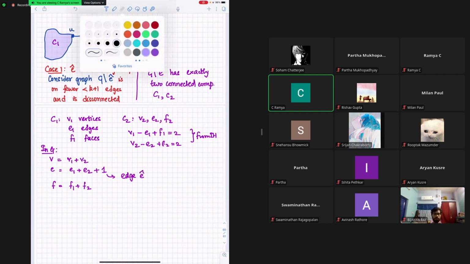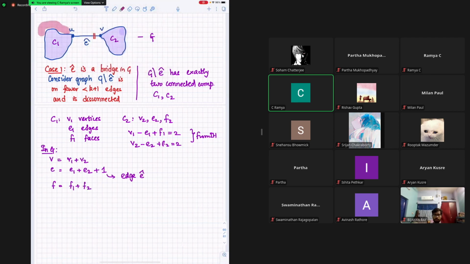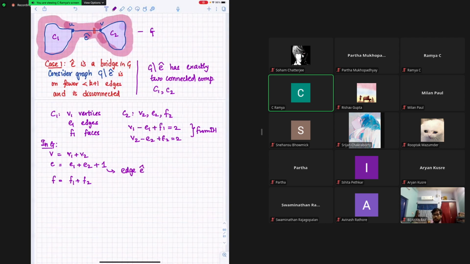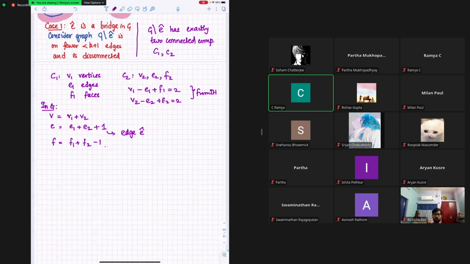But one thing you must remember is the external face. The external face for C1, this portion, and the external face for C2, the exterior region, are common. So the exterior region would be counted once in F1 and once in F2, and you have to subtract that. This is for the overcounting of the exterior region in F1 plus F2. Is this clear to everybody? This relation?